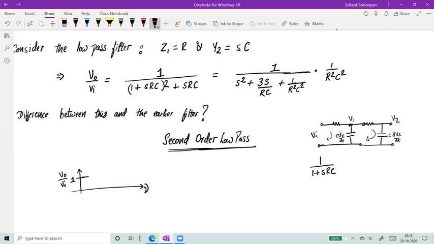But then as you go to higher frequency, then one of them will drop like this and other one may drop like this more sharply. So this would be the first order. This is just a rough sketch, okay? And this would be a second order. So although both are low pass filters, the second order filter will drop more rapidly than the first order filter as frequency increases. So that's the advantage of having a higher order system.